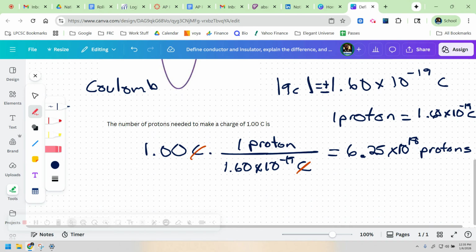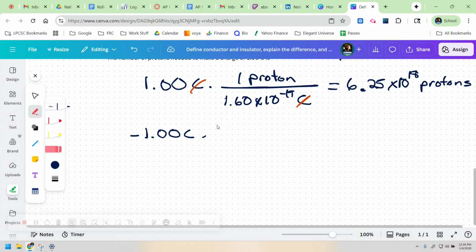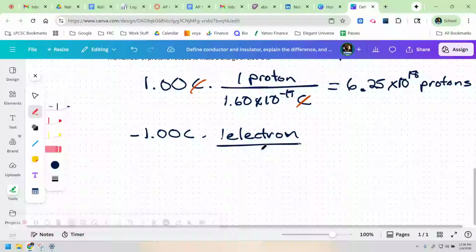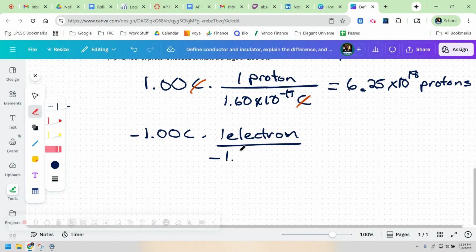Okay, so now if I wanted a negative 1 coulomb charge, which is possible, you do the exact same thing, except you would have 1 electron is also equal to negative 1.6 times 10 to the negative 19 coulombs.